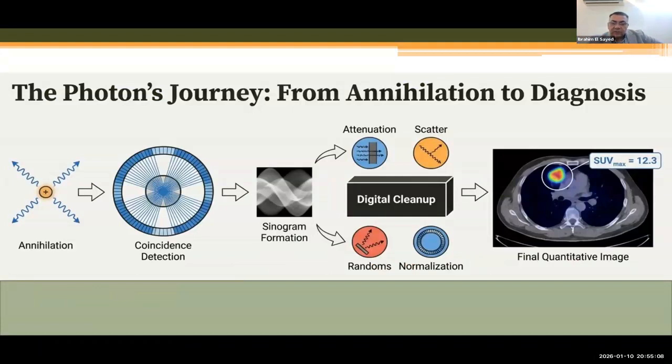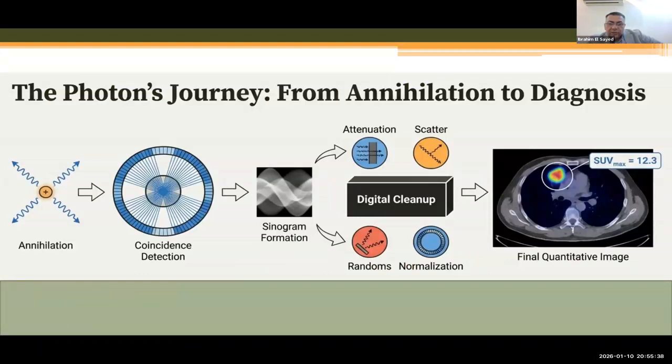Also, the detector physics: scintillation converts the two annihilation photons into visible light. The photomultiplier converts them, in the photocathode, into light, then electrons are multiplied, then it goes to the detector electronics, applying corrections, and then creating the image after reconstruction.